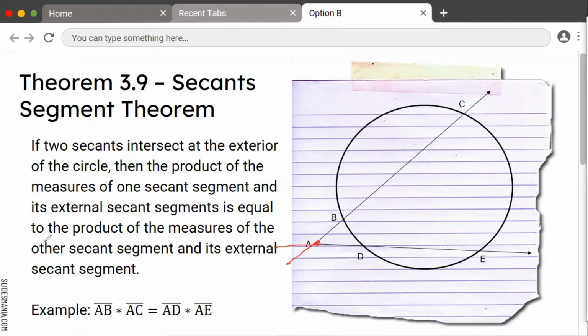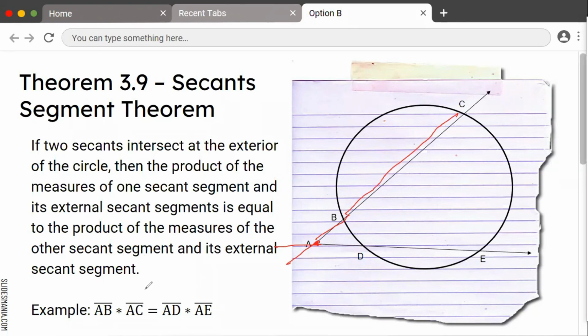Now, if that intersect, then the product of the measure of one secant segment and its external secant segment, so therefore this is the internal segment and this is the external segment, okay? Now, that is equal to the product of the measure of the other secant segment and its external segment.